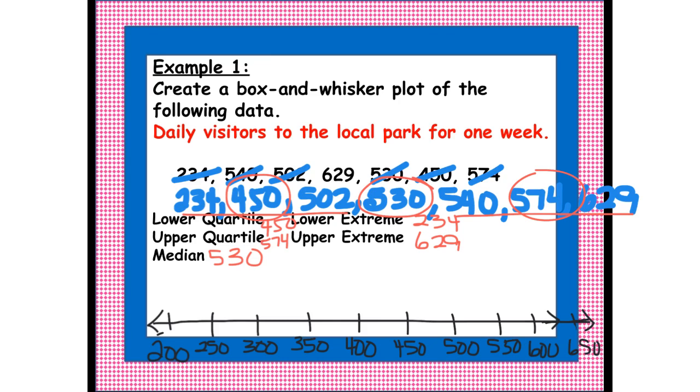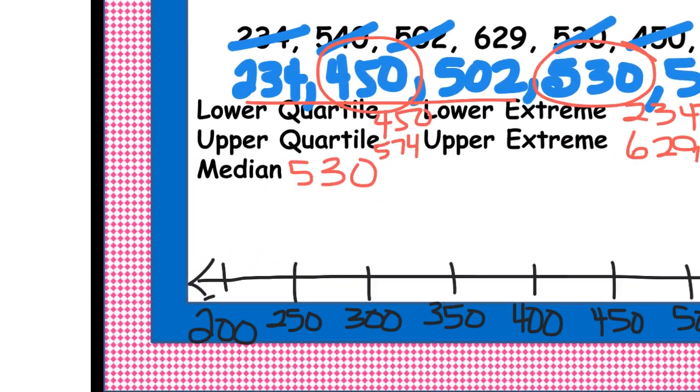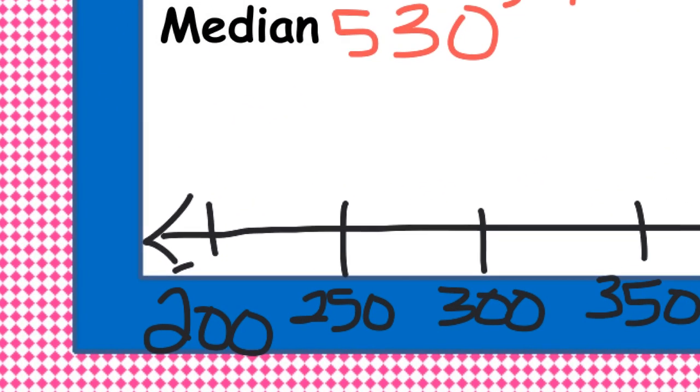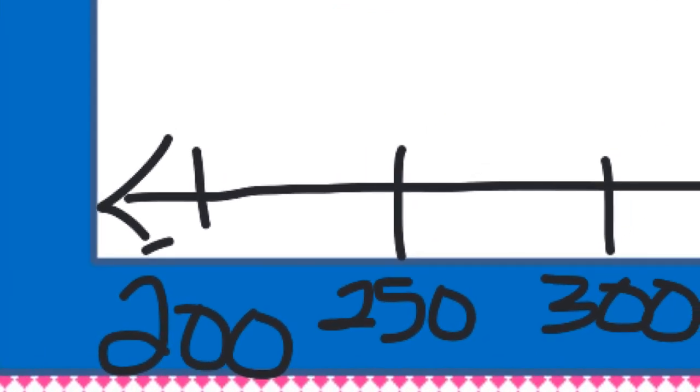Now, I need to plot those points. So the first one I'm going to plot is the lower extreme. So I have to think to myself, 234. Well, that's between 200 and 250. A little bit closer to this end. So I'm going to make myself a circle, but I'm not doing it on the number line.